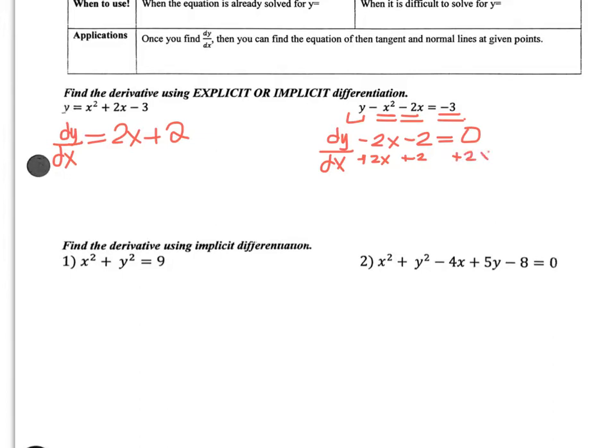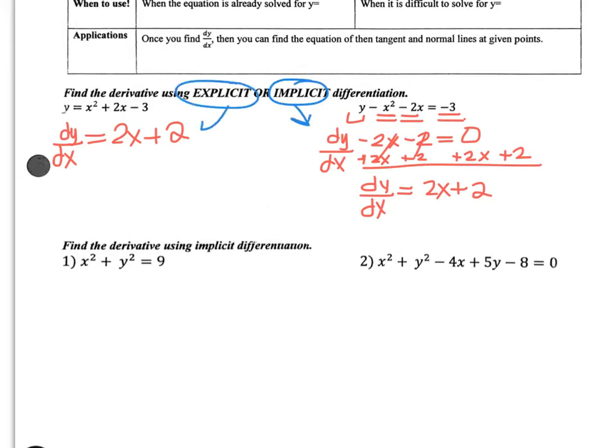So add 2x, add 2. And these will all cancel. And I'll have dy dx equals 2x plus 2. So in this case, we used implicit, and in this case, we used explicit to get the same result.